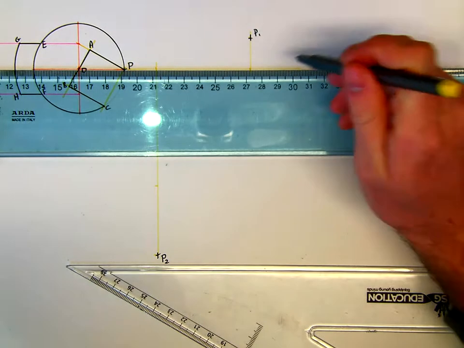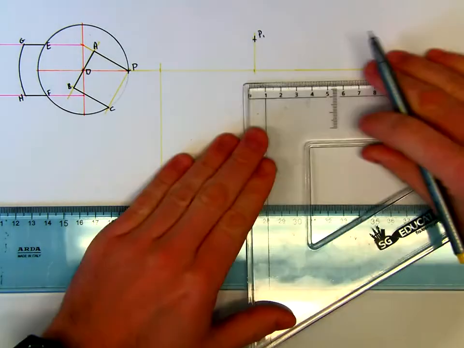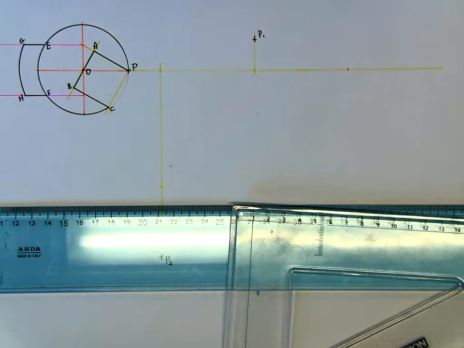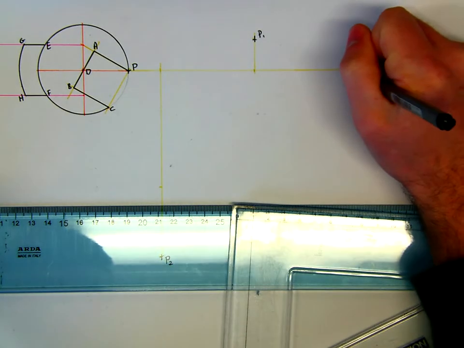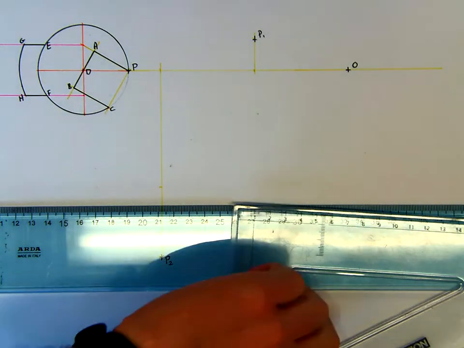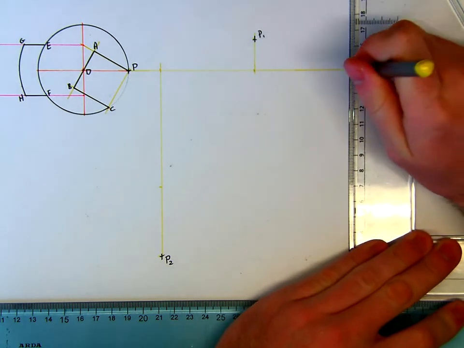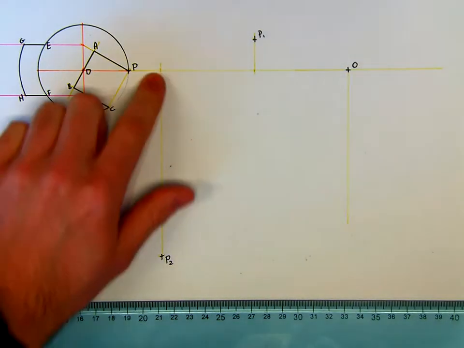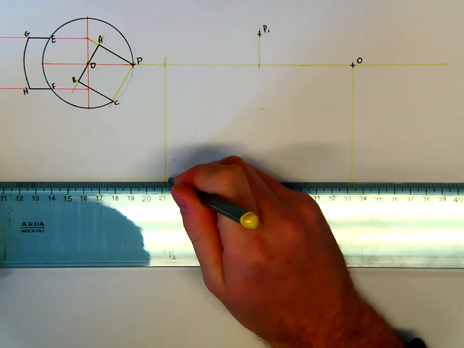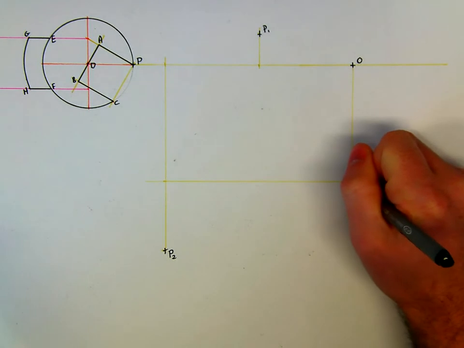So level with P, if I just keep extending that one over, if I measure over another 60, that's going to give me point O. That's O. And if I go straight down from O, I've already measured down 75 over here. So wherever I've measured down 75, bring that across. And that gives me point P3.